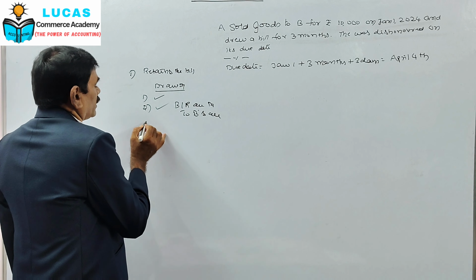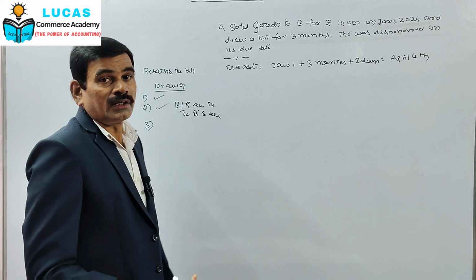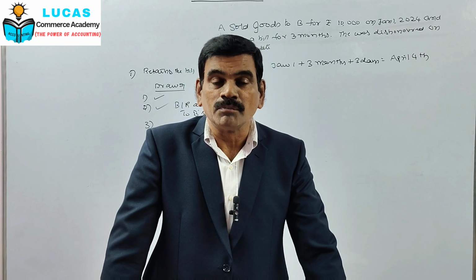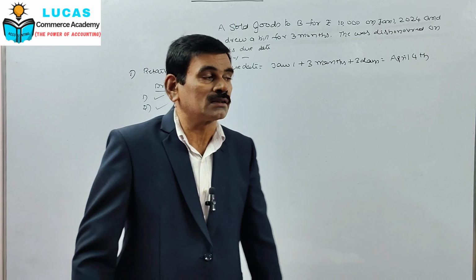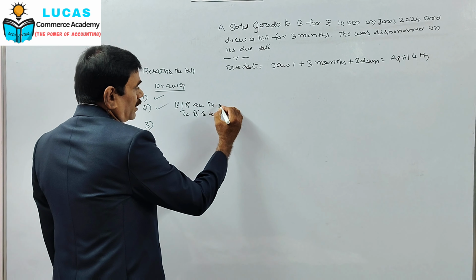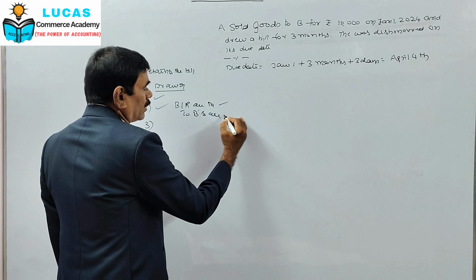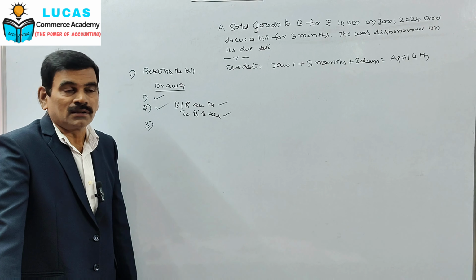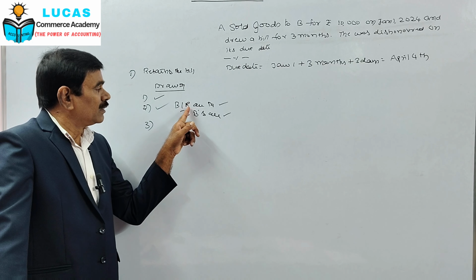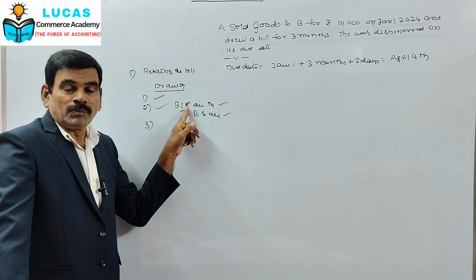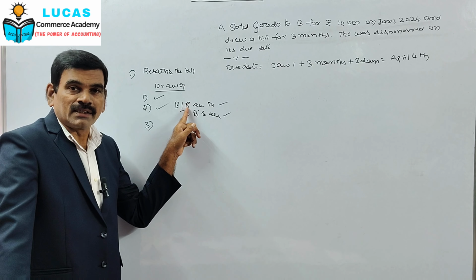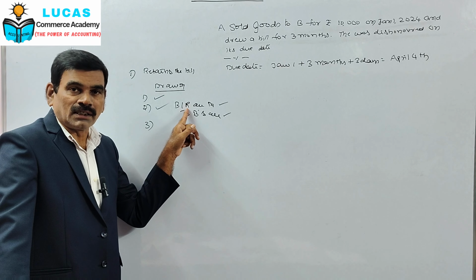Next, the third journal entry: on its due date, the bill was dishonored. The second journal entry was bills receivable account debit to B's account. When the bill is dishonored, this bills receivable becomes useless or worthless. Hence, it is to be cancelled.